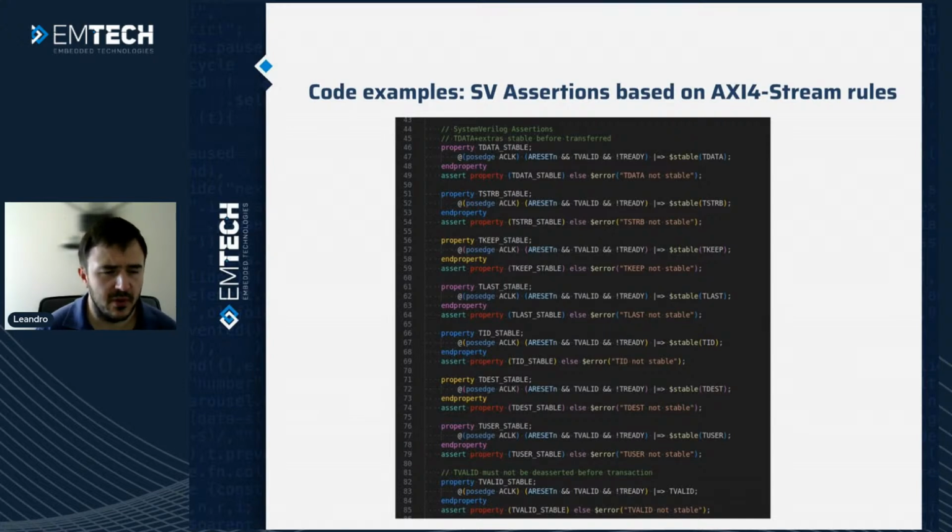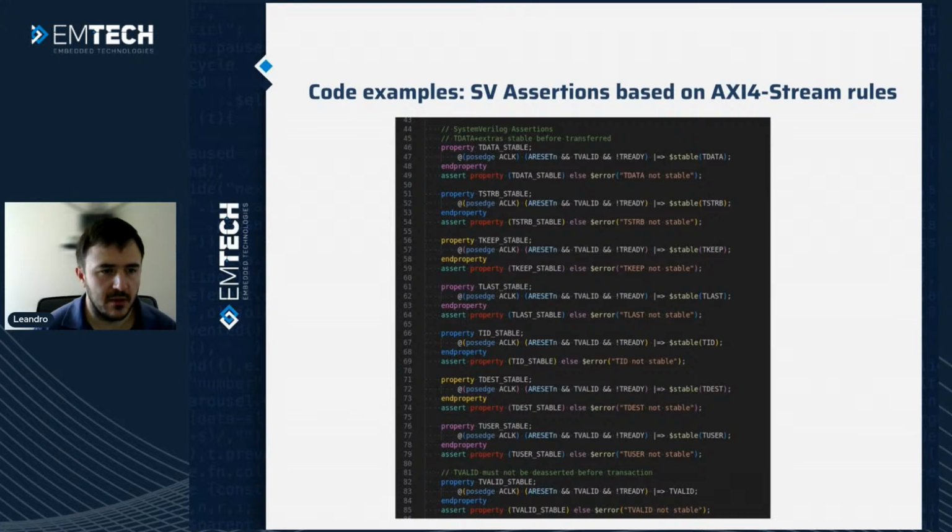We saw that before in the waveforms. So this is what it's actually telling, right? If you want to see a little bit about SystemVerilog assertions and the syntax, there's a really nice tutorial that you can find very quickly on Google.